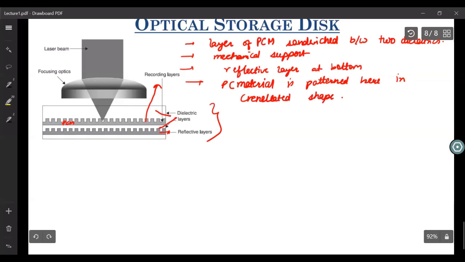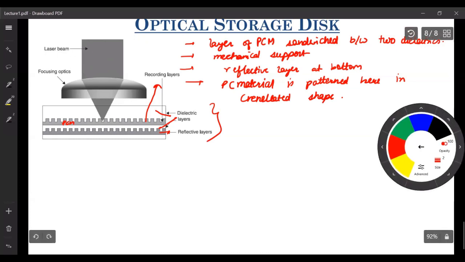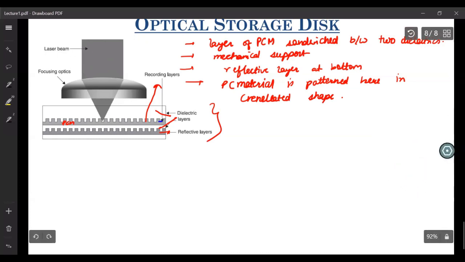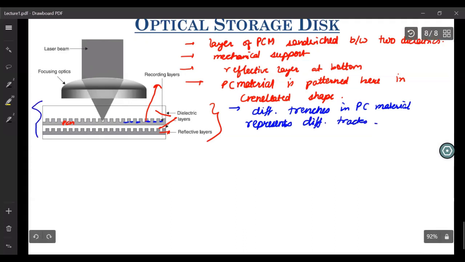Why so? Because these different sections represent different tracks, different trenches in the phase change material. So this is your CD or DVD or Blu-ray disc, whatever you call it.